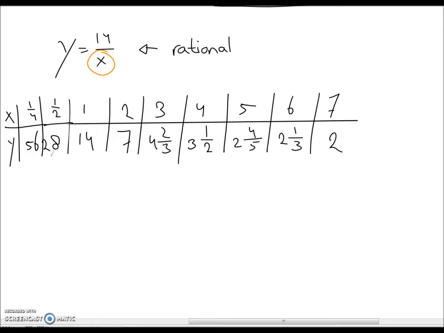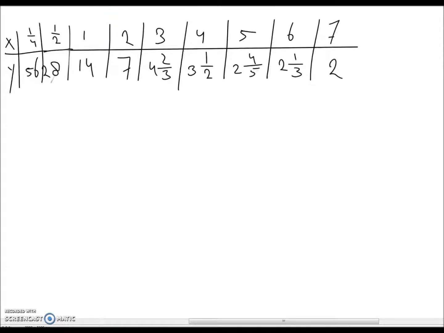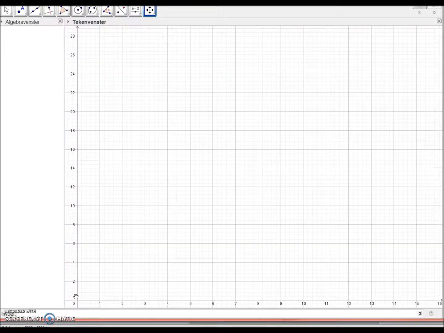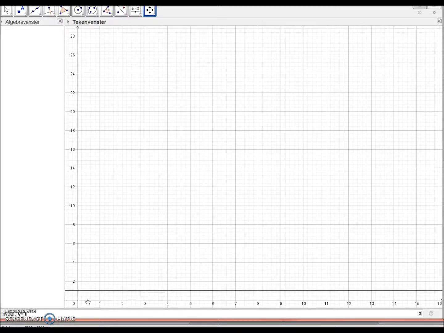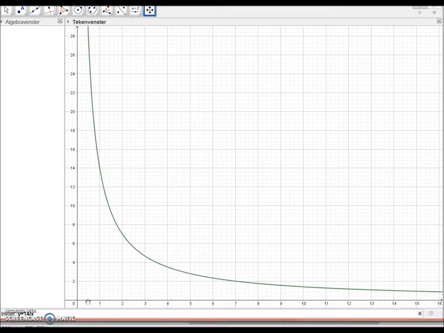Given this table, we can draw a graph of it, and for that you have to draw a set of axes, find every single point, and draw the graph. I'm going to use GeoGebra for this graph, so it'll come out as neatly as possible. Our formula was y is equal to 14 divided by x. And as we can see, this does match our table.